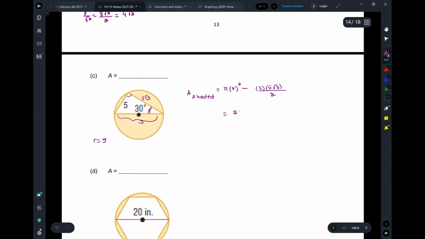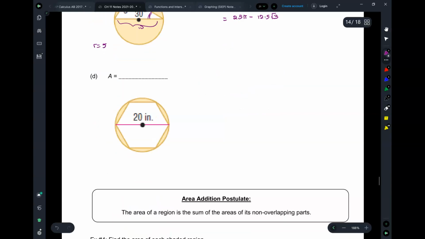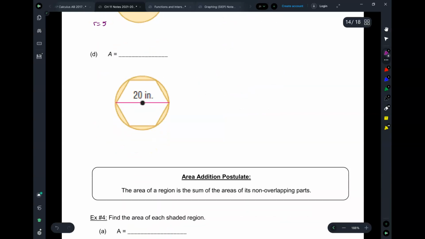So this is 25 pi minus 25 divided by 2, 12.5 root 3. We'll just leave that like that for now. Oh, it's 56.9. Okay, this one.